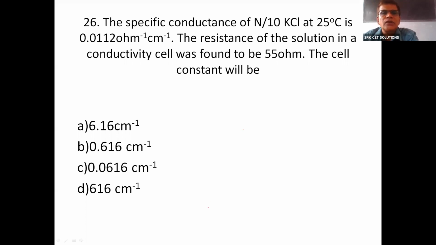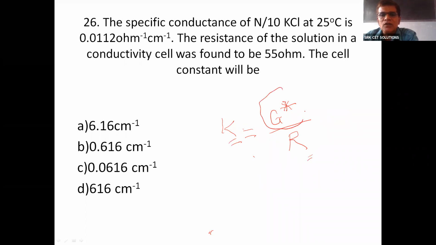How are these related? So you write the formula. Conductivity or specific conductance is the cell constant, which is a constant for a particular apparatus, the conductivity cell, divided by resistance. So this remains constant.